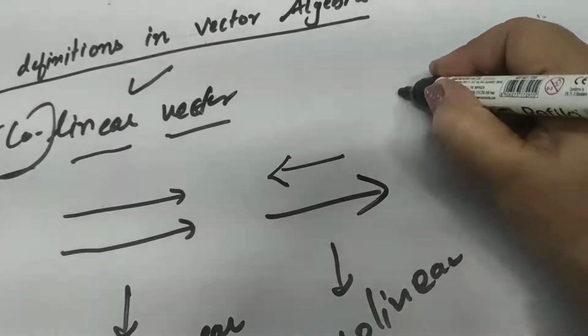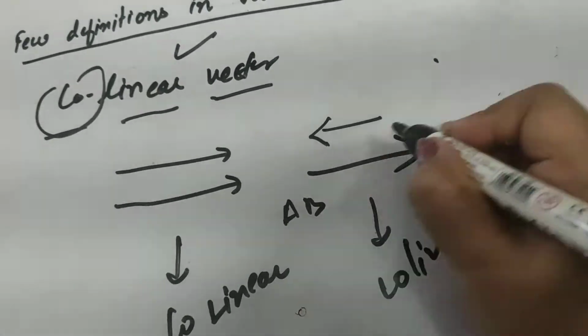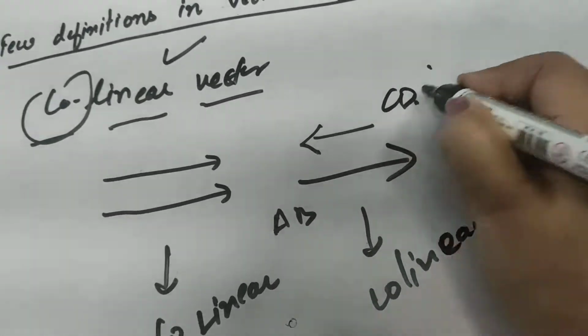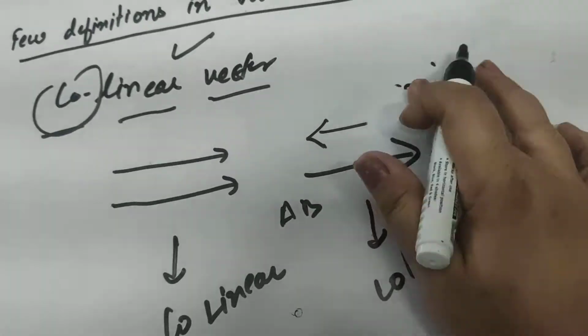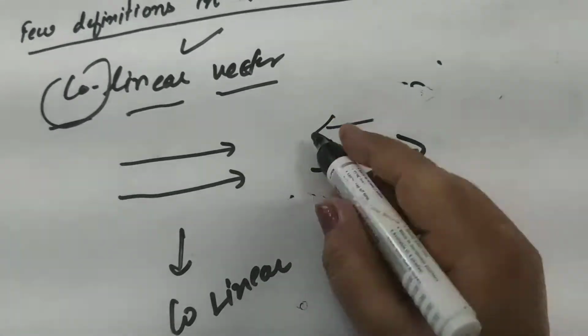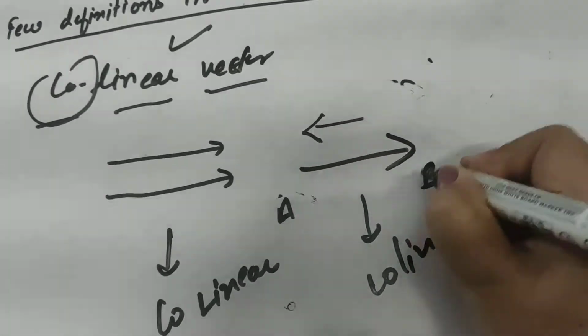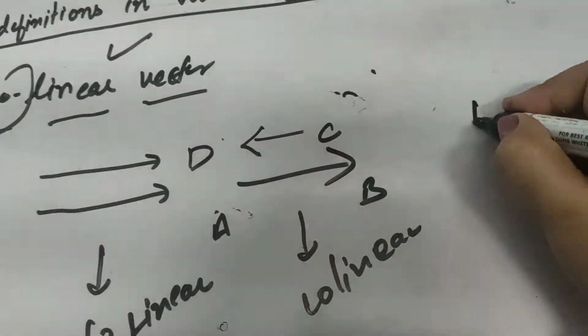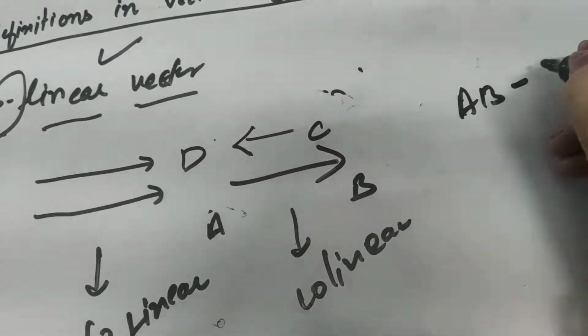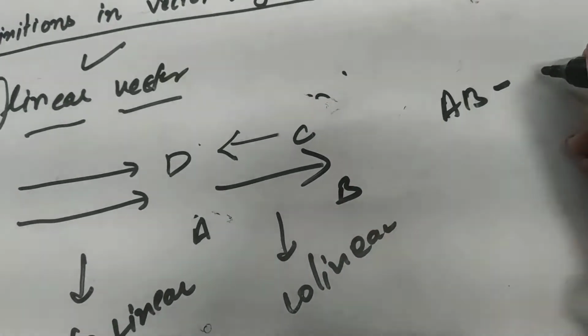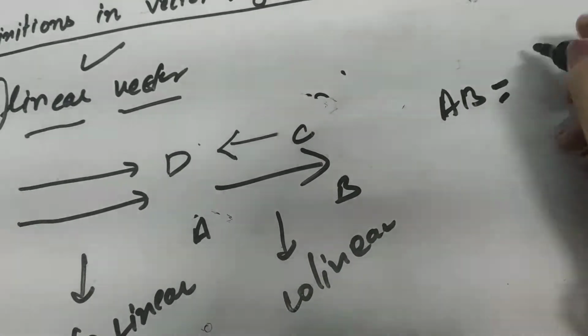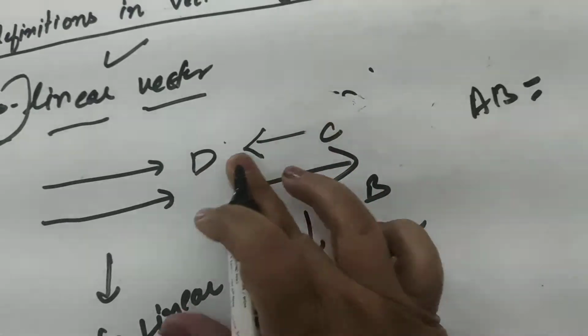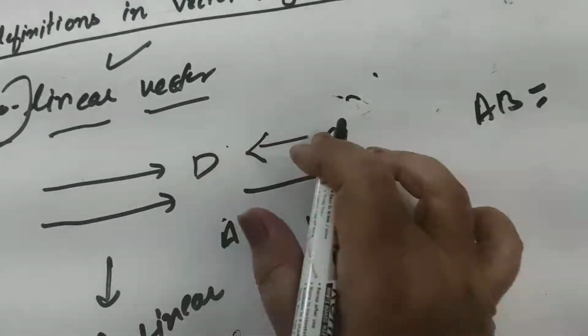If I say this is AB and this is CD, let me write it clearly. This is AB and suppose this is CD, right? So AB is negative of CD.